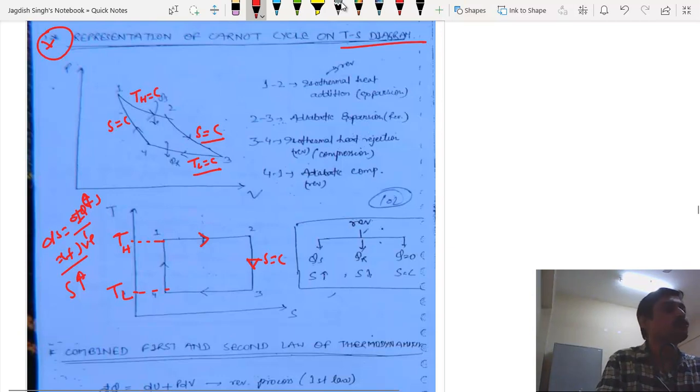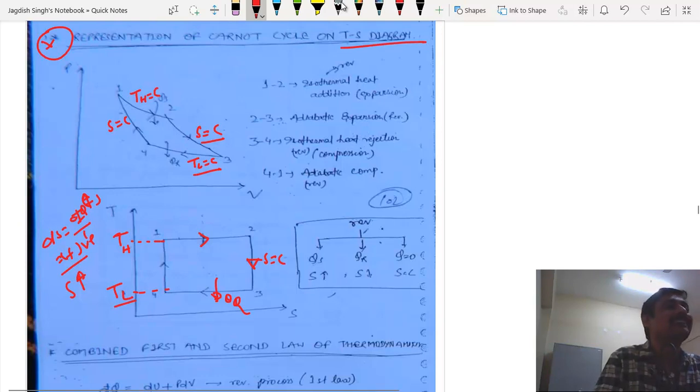Okay. The next process 3 to 4 is the constant temperature heat rejection process, and this temperature is TL. Therefore this line will be horizontal, and we know that whenever heat is rejected, entropy will decrease, right?